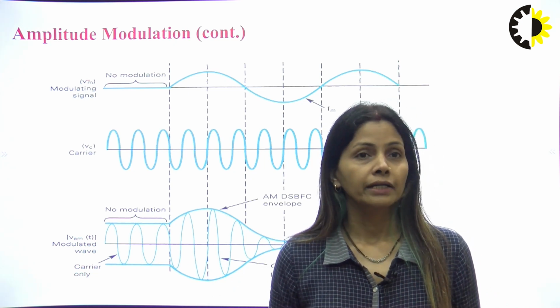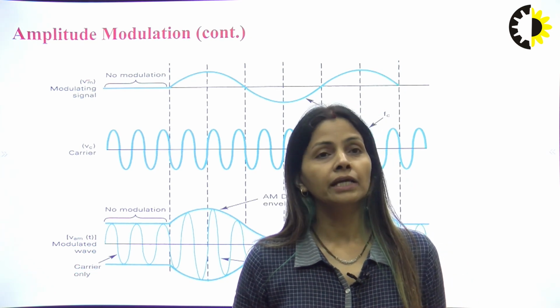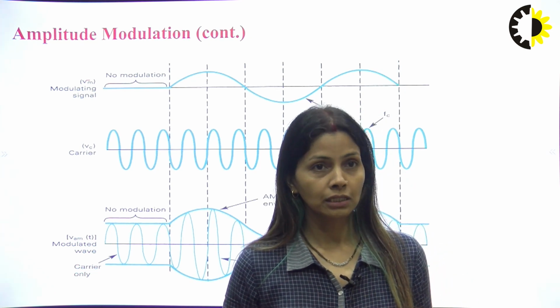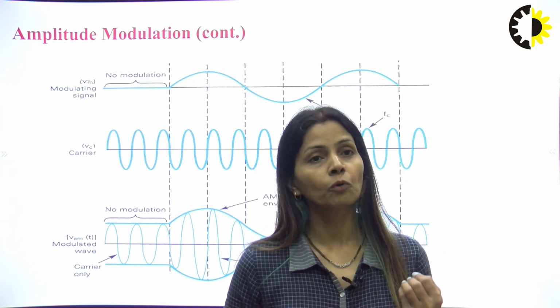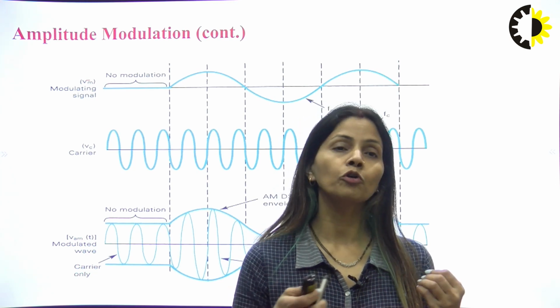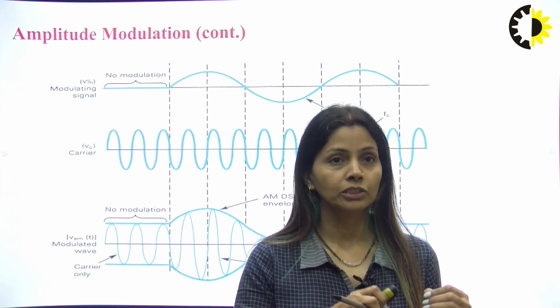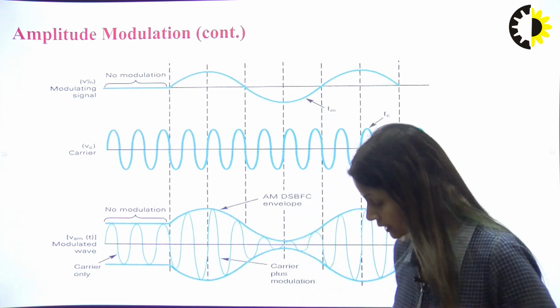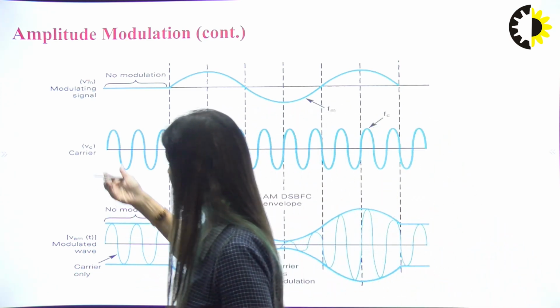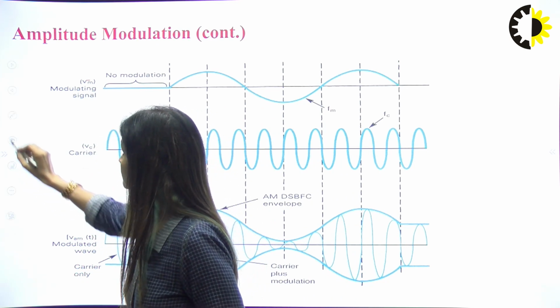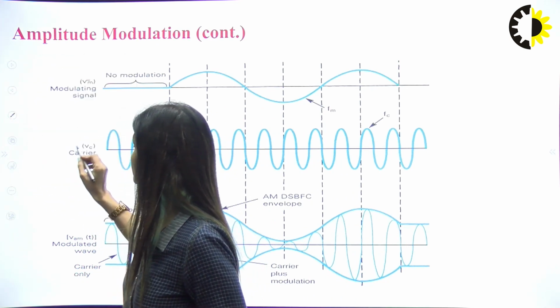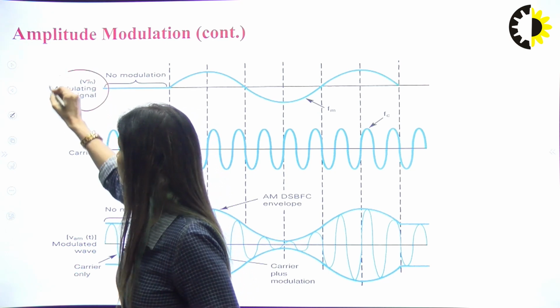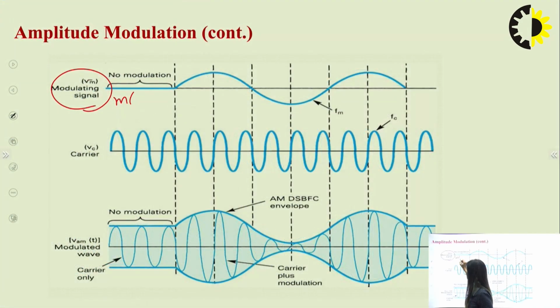So what is that? Let us take any low frequency signal m(t), which is the modulating signal on which I'm going to perform my modulation. I have a very low frequency signal m(t).